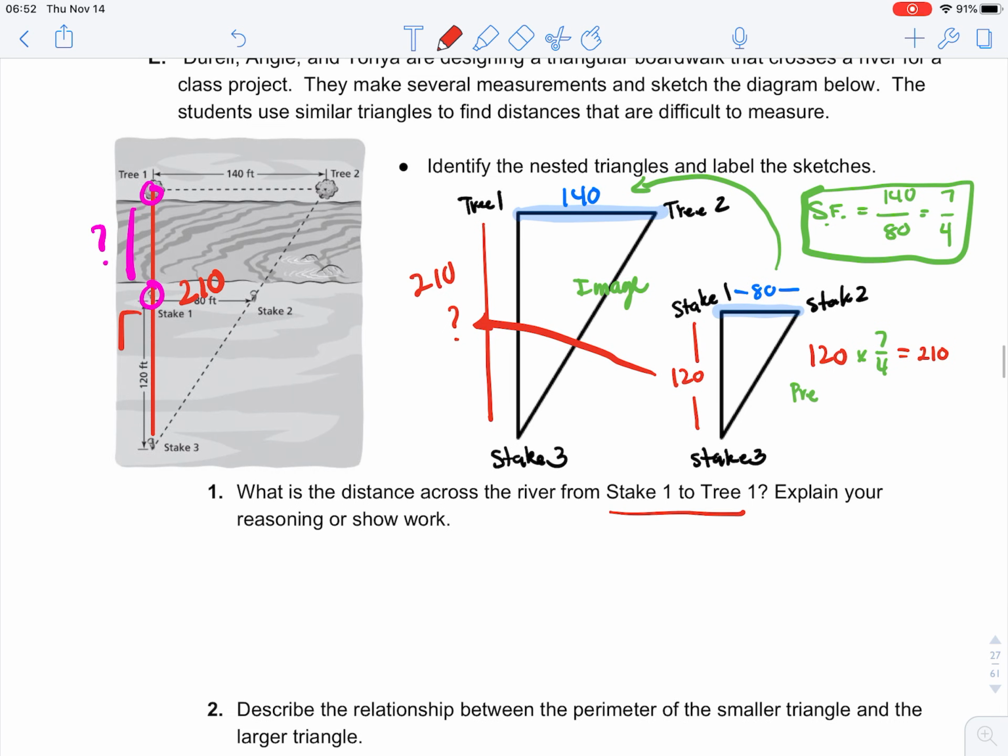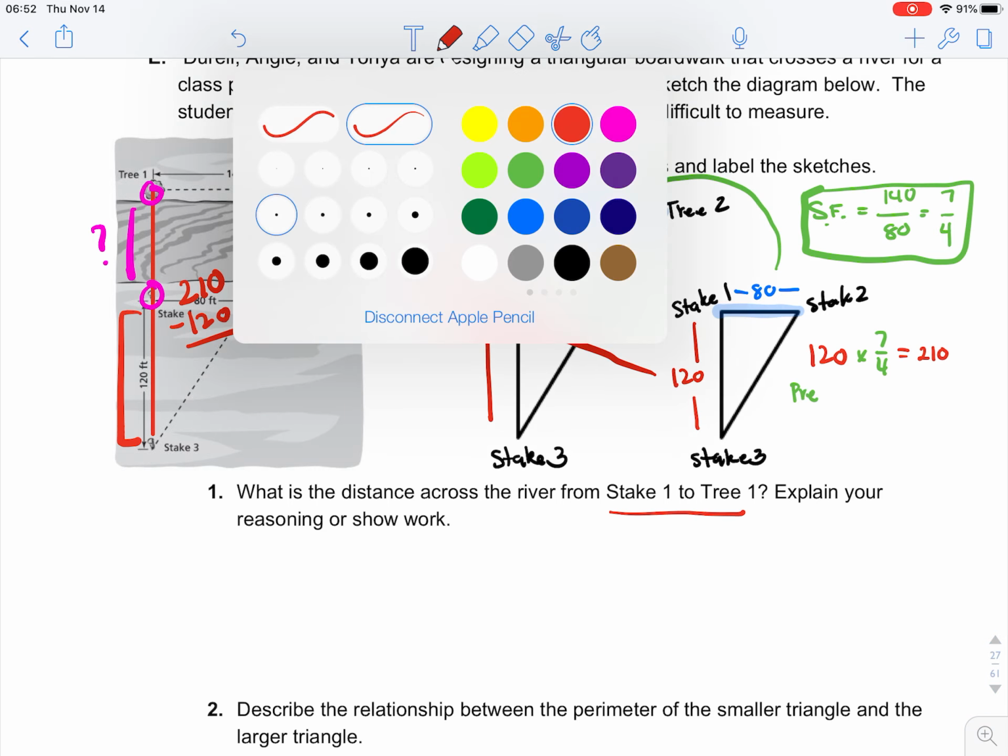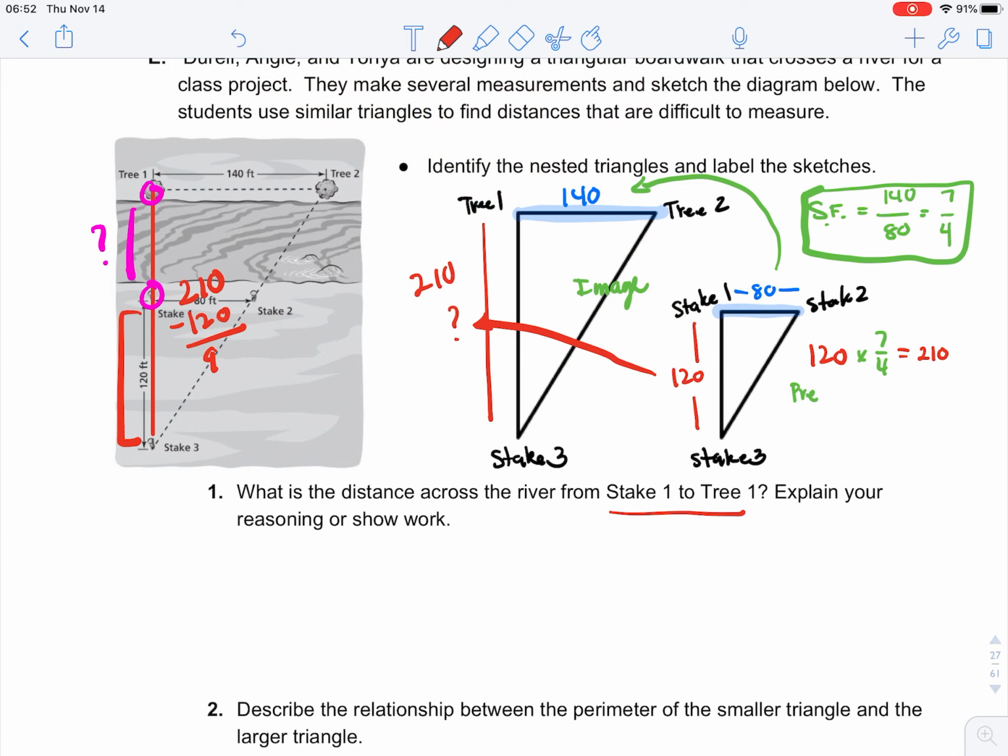We have to take this part away, minus 120, okay? Because we're not asking about the stake 3 to stake 1. We know that this one should equal 90 feet, okay? So 210 minus 120 equals 90 feet, okay?